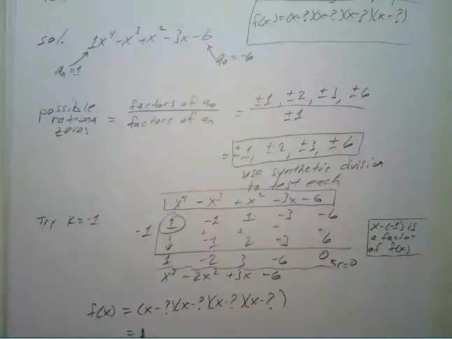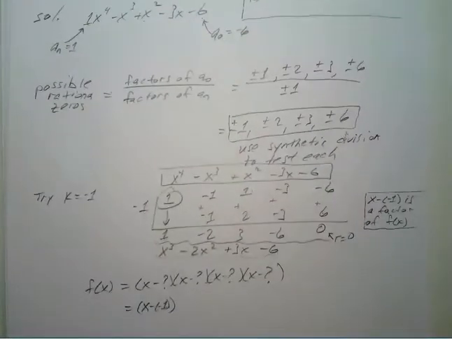So that's going to equal x minus negative 1. So that's one of the factors. These three, we don't know yet, but we do know that this is what's left when we factor it out. So these three, now we know it's x to the third minus 2x squared plus 3x minus 6.